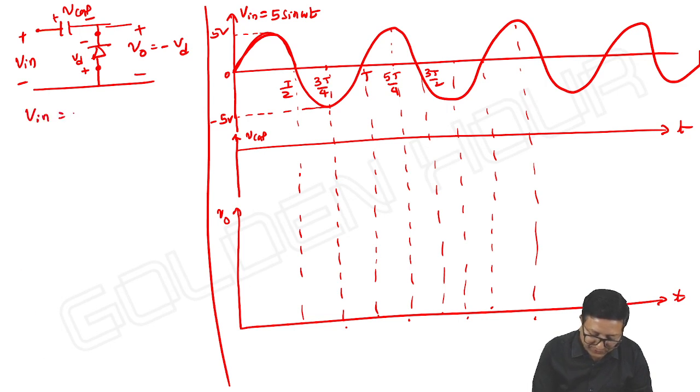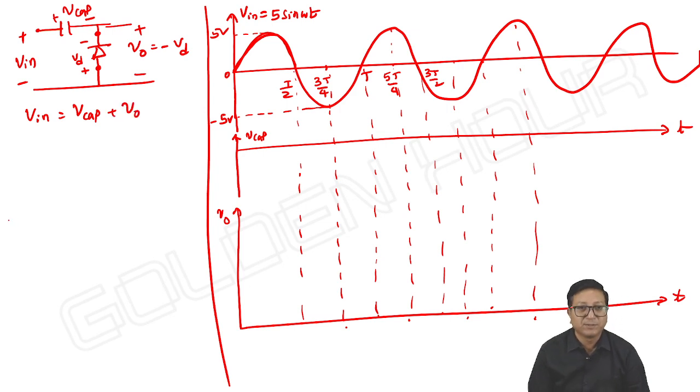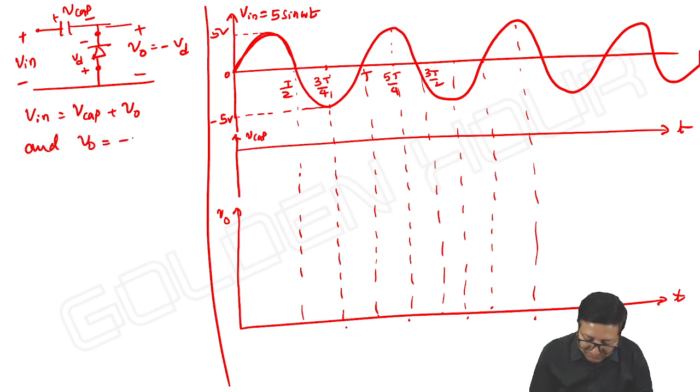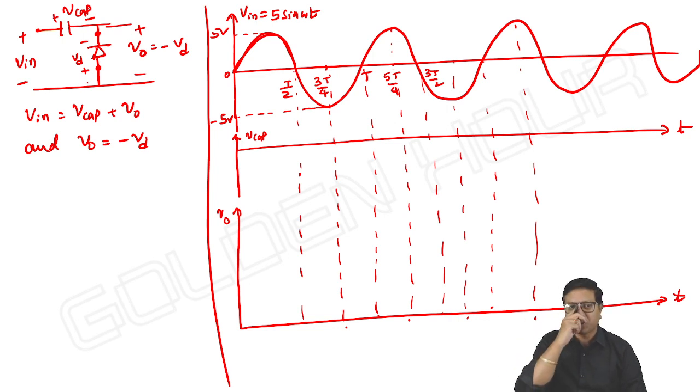Here V input is equal to, as usual, V capacitor plus V output. Please be careful here. And V output is equal to minus VD. The diode voltage is from anode to cathode, but the output is from top to bottom. Okay, we know that. Done.